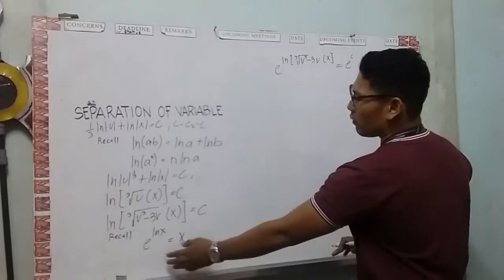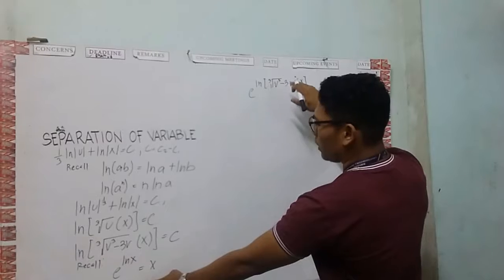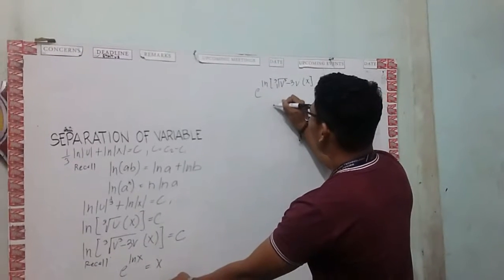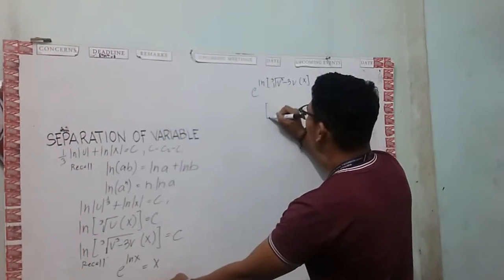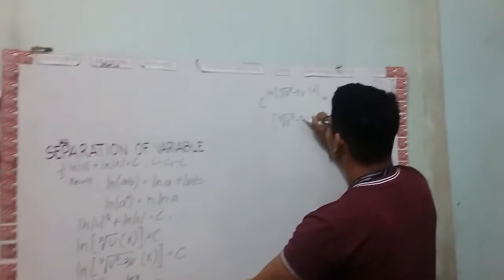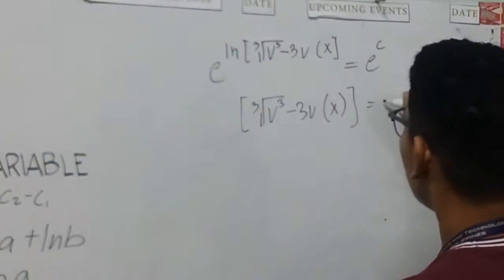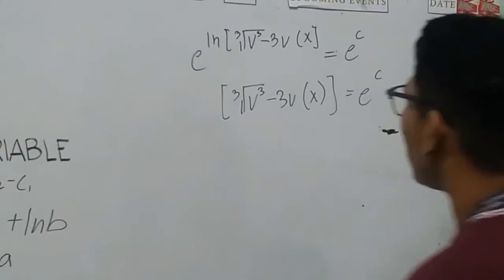Then by this property, e to the ln x is equal to x. So we come up with the equation: the cube root of (v cubed minus 3v) times x equals e to the c.